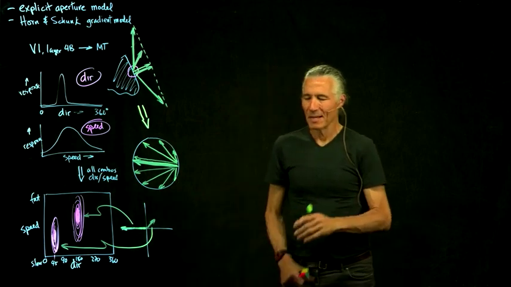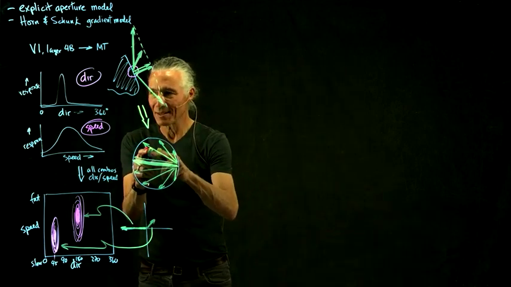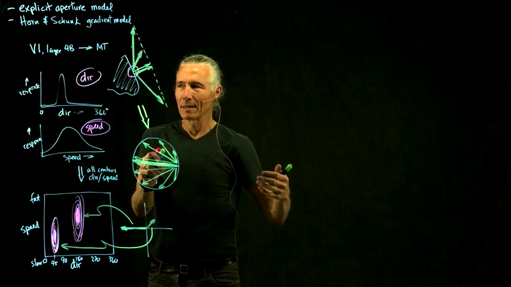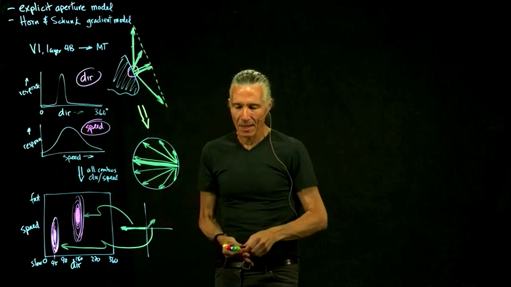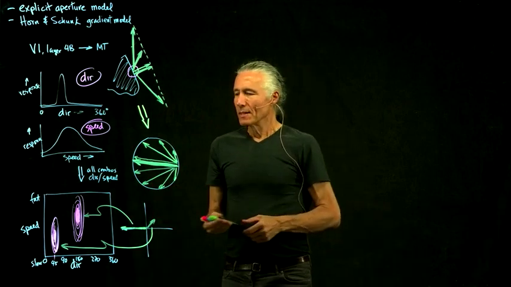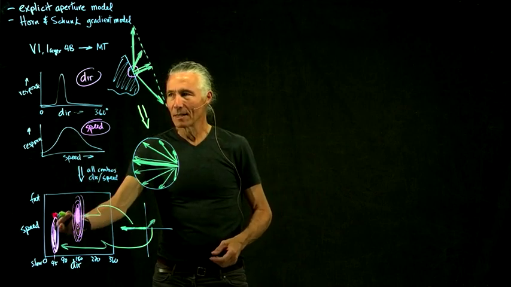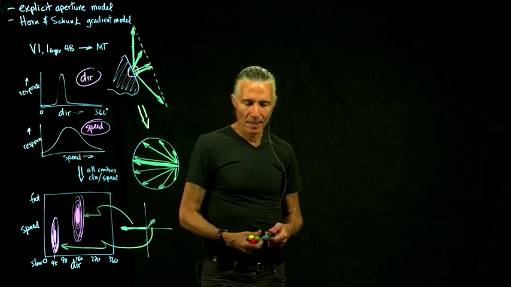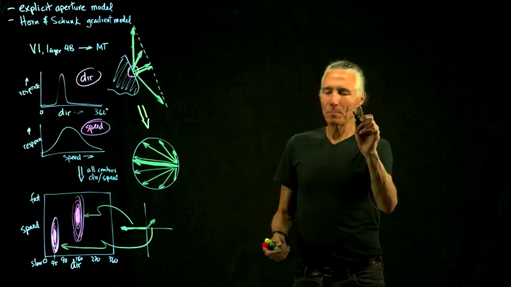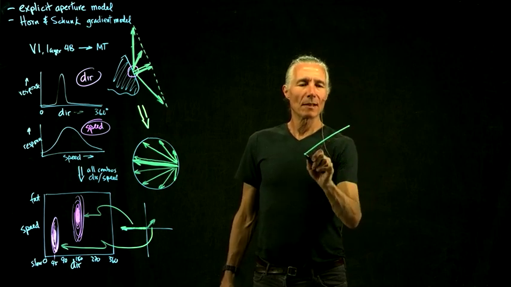But what is that in more detail? Let's expand this into what the connections actually are that would implement this kind of model. If we go into layer 4B, we find all these different combinations of speeds and directions. So let's start with one down here.